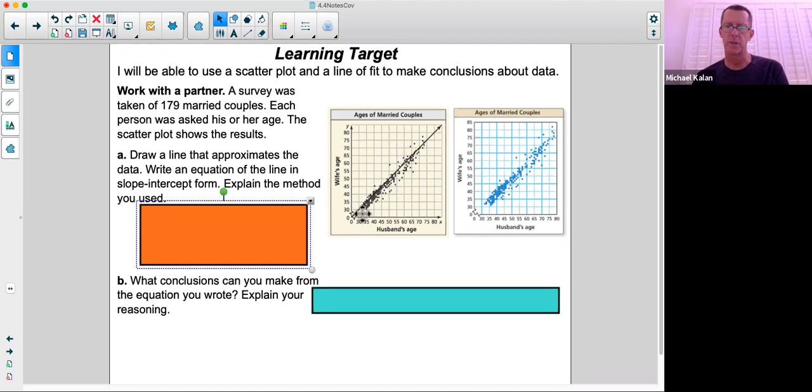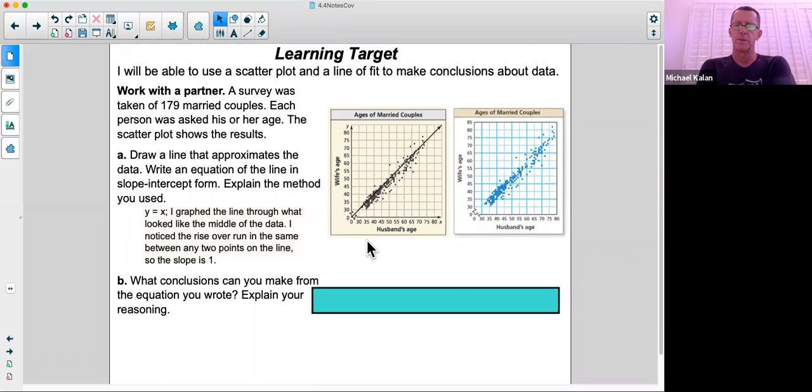And what's my slope? It looks like I'm going up 5 for every 5 that I go over. So it would be y equals x, right? What I did was graph the line through what looked like the middle of the data. I noticed that the rise over the run is the same between any two points on the line, so the slope is 1. So what conclusions can you make about this situation of married couples? What would you say based on that?